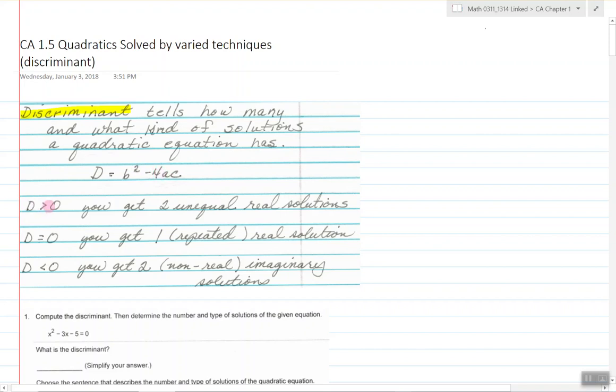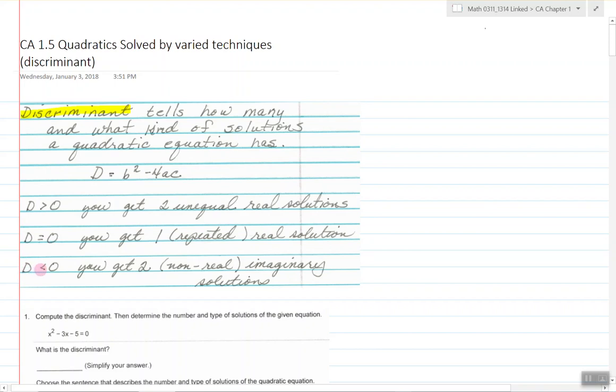If the discriminant is greater than 0, and that is a way of saying if it's positive, you get two unequal real solutions. Okay, they are real. They might be irrational, but they are real. If the discriminant is equal to 0, then you get one, although it would be repeated, real solution.